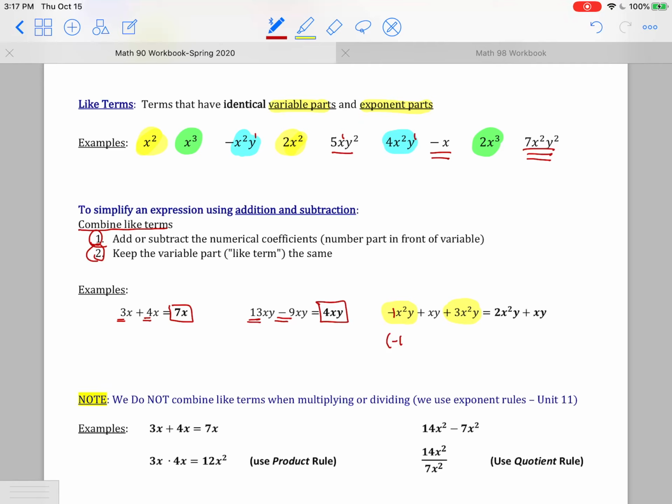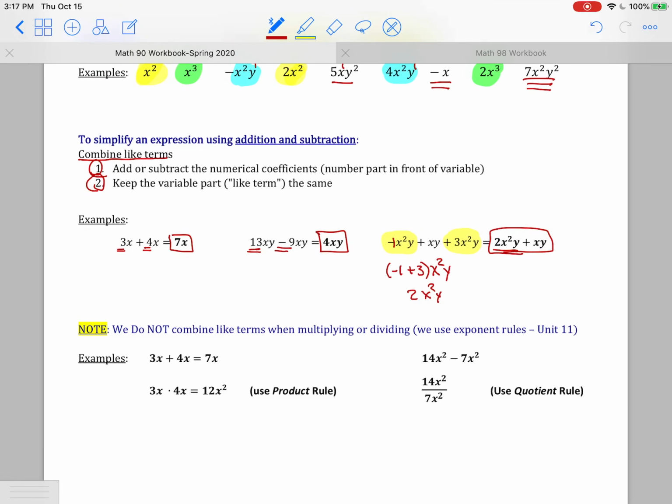I can say I have -1 plus 3 of these, let's call them ducks, right? So I've got 2 of those, and you can see right up here, I've got 2 of them. And then the xy is something different, so it just stays out at the end by itself. And this is actually considered completely simplified because, once again, I cannot combine those terms that are not the same.